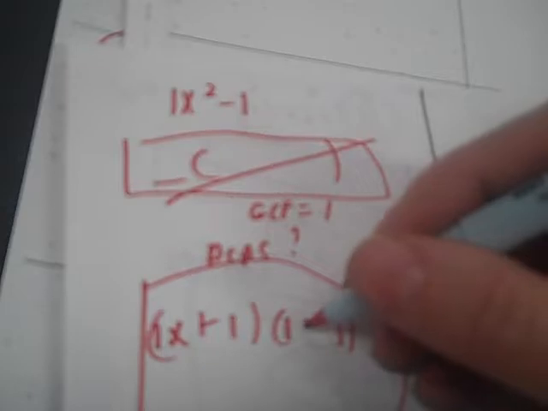So GCF and difference of perfect squares. GCF's just 1. DOPS, well, you got 1 here, 1, 1. And x to the second, x, x. Okay, so we're going to rewrite that as x plus 1, x minus 1.